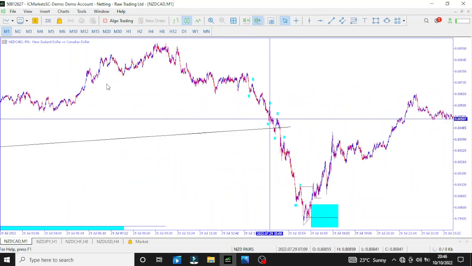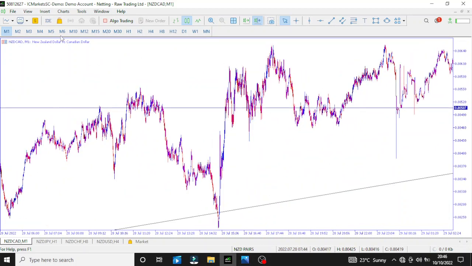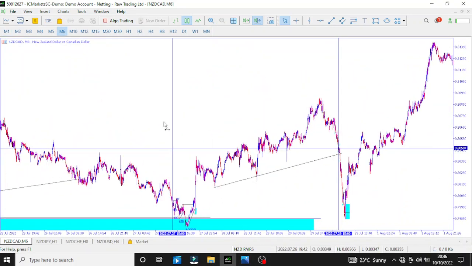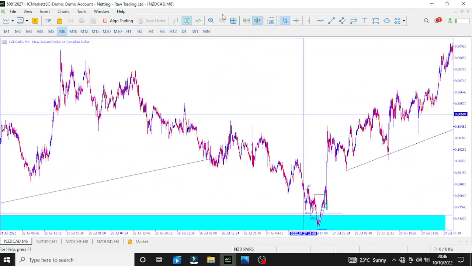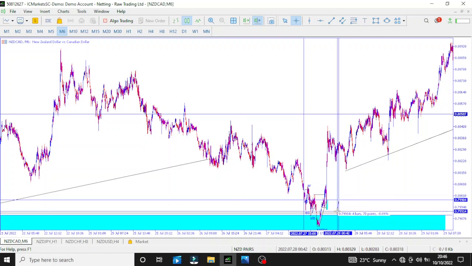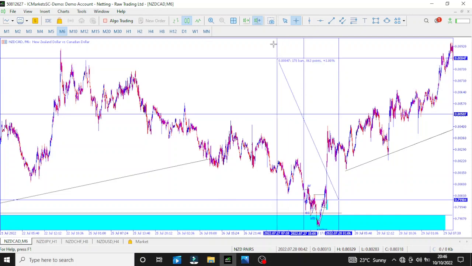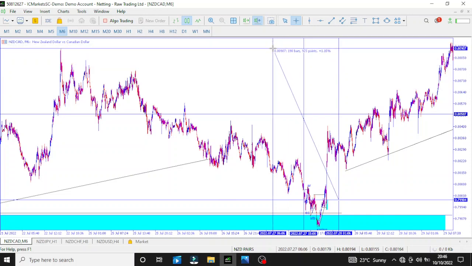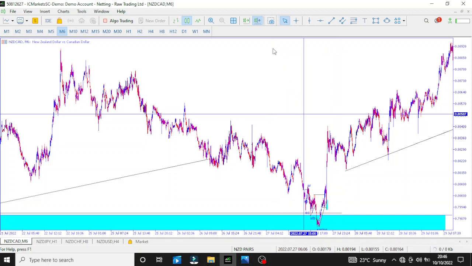Even if you caught this move, with a six pip stop loss and a target of 92 pips, let me count, 92 divided by 6, that is one to 15.